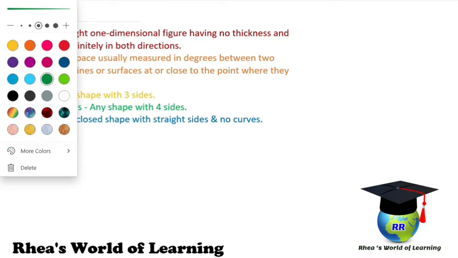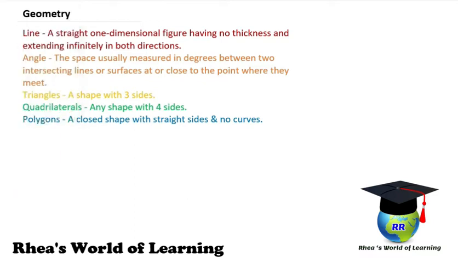First I'm going to tell you the definition of a line. A line is a straight, one-dimensional figure having no thickness and extending infinitely in both directions. So that's lines.